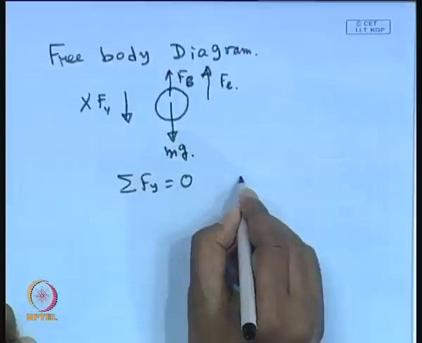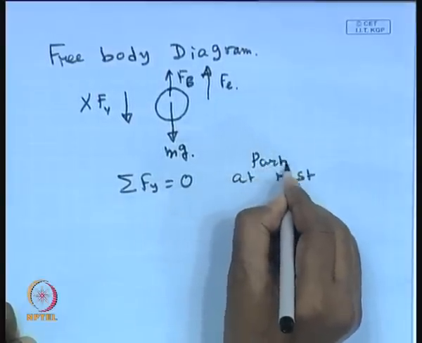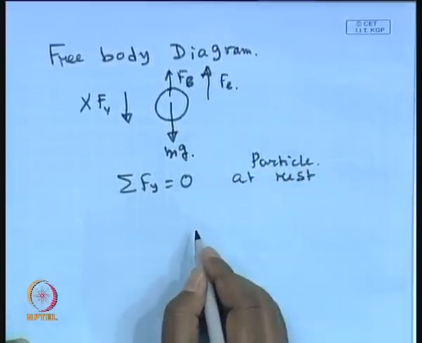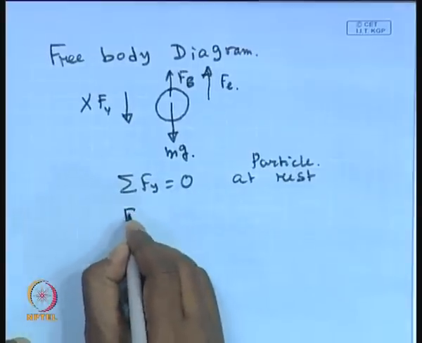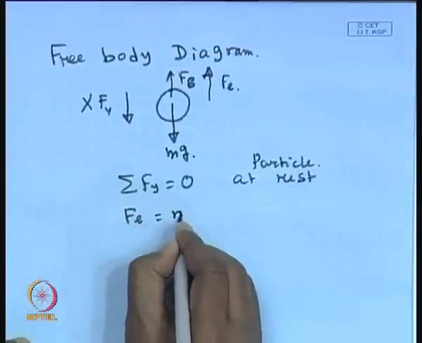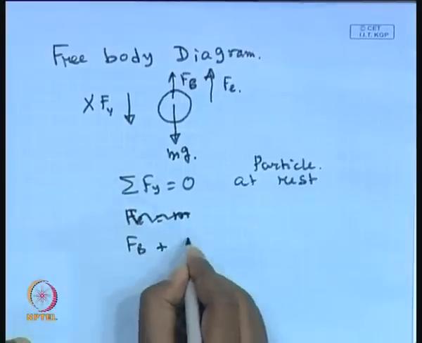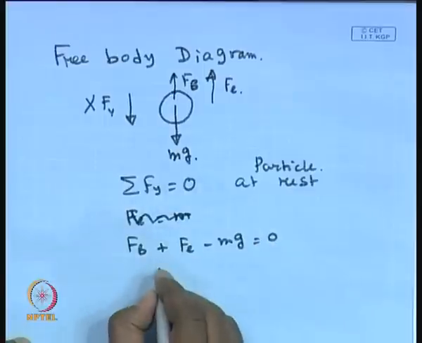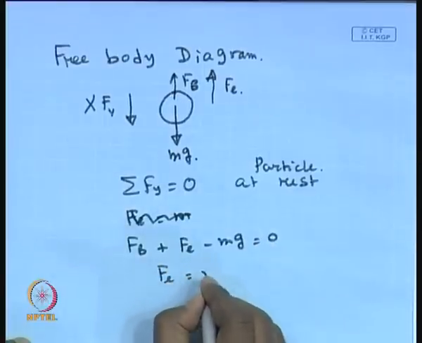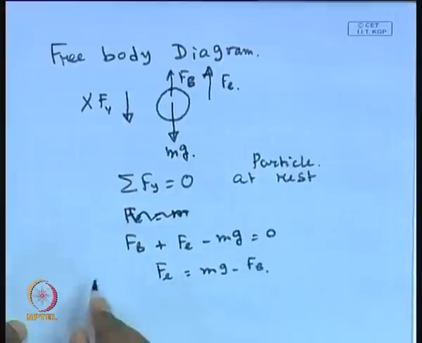So, for the particle at rest, the summation of all the forces in the y direction will be equal to 0. So, Fy is Fb plus Fe minus mg equal to 0, and the electric force Fe will be nothing but mg minus Fb. Okay. So, we calculate the buoyant force.